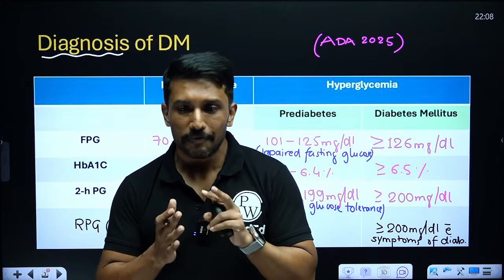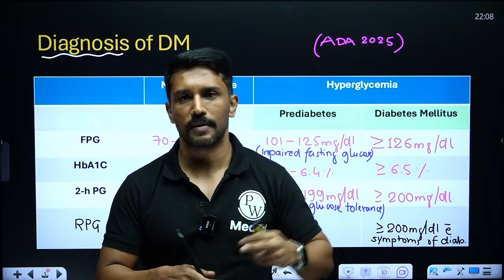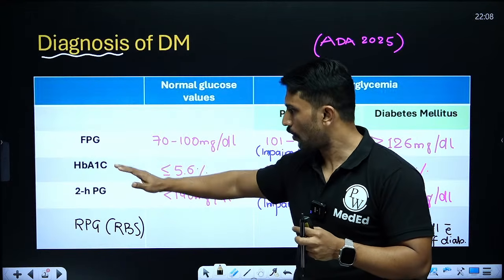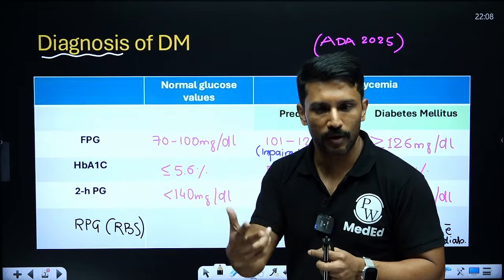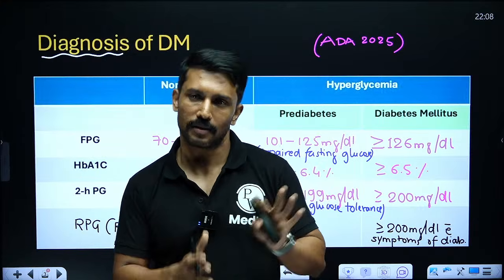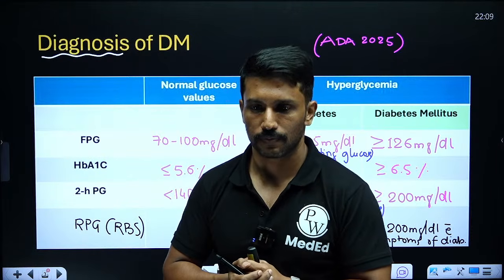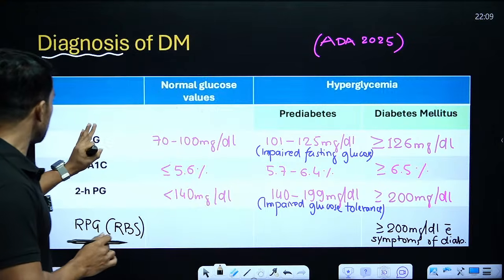Objectively, if symptoms are not present when the random glucose value is more than 200, we have to ask the patient to get these profile done: fasting plasma glucose or fasting blood glucose FBS, PPBS, and HbA1c. Only then we can establish the diagnosis. But if a symptomatic patient is there, then we can diagnose the diabetes based on the random blood glucose levels itself. Okay, clear?